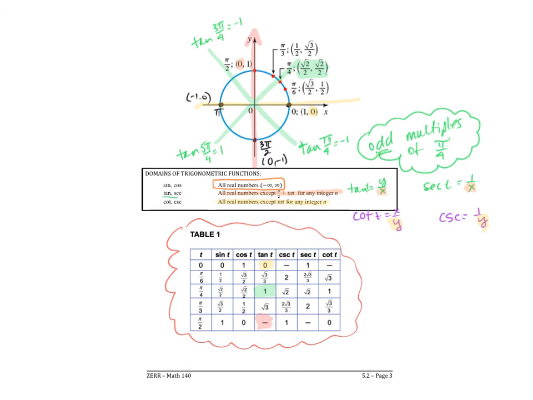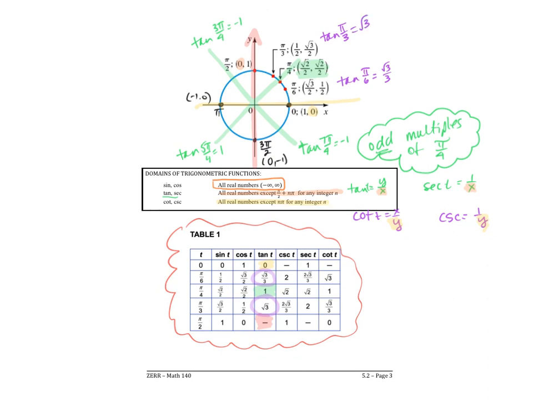Then really you're just having to memorize and think about these locations. Tangent at pi over 6 is root 3 over 3, and tangent at pi over 3 is root 3.